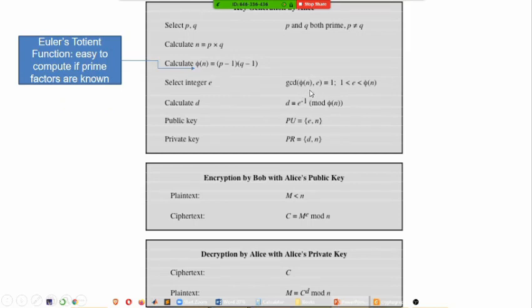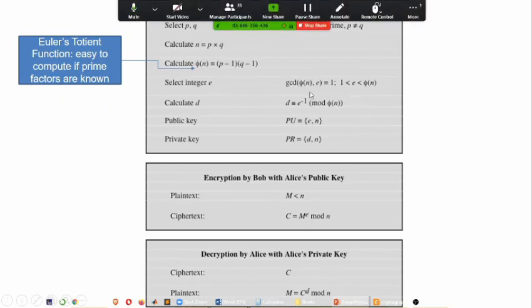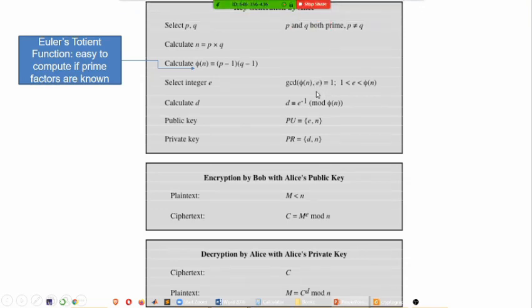Remember the relative prime that we were speaking about earlier? Relatively prime or co-prime are numbers where you have the GCD of these two numbers equal to 1. So you have to select an E such that the phi of n and E are relatively prime numbers.